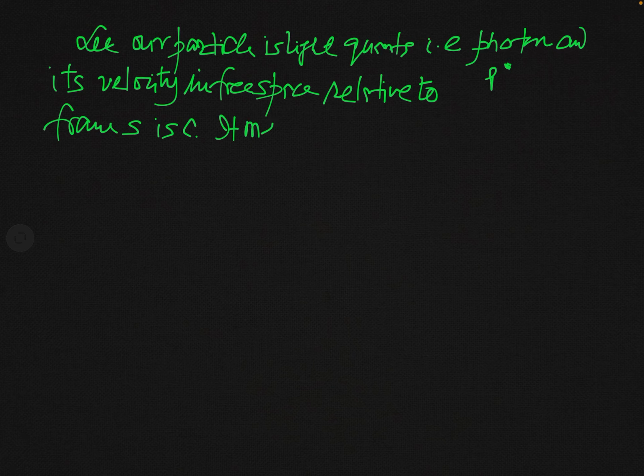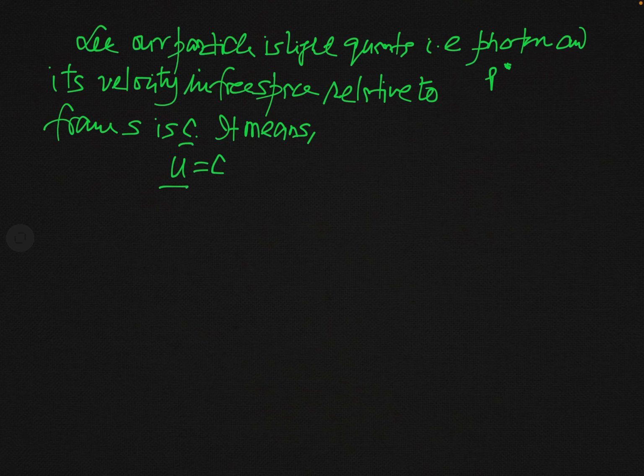In fact, it means we are considering that u is equal to c, because we have considered that u is the velocity of our particle with respect to the inertial frame S. Now our particle is photon, and photon's velocity is actually equal to c, which is velocity of light.